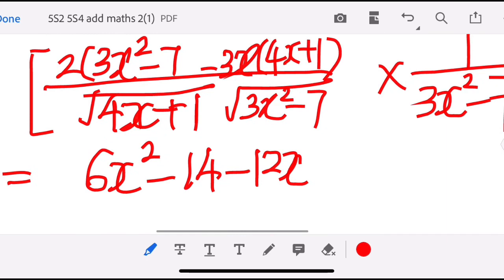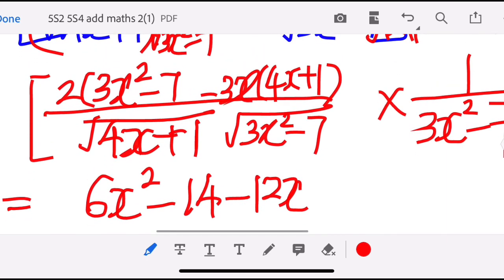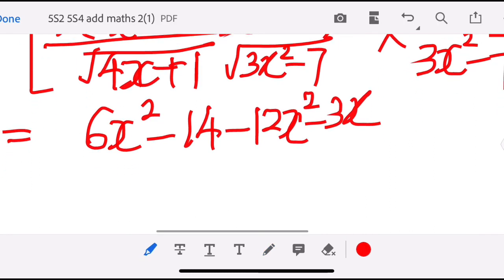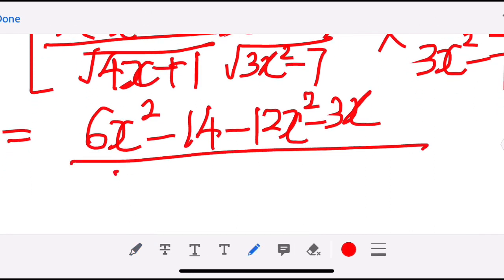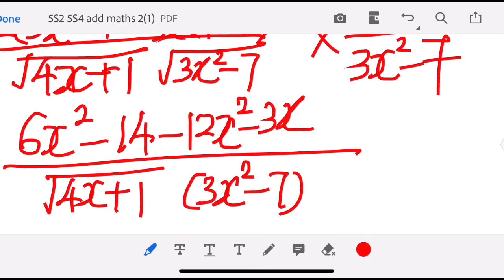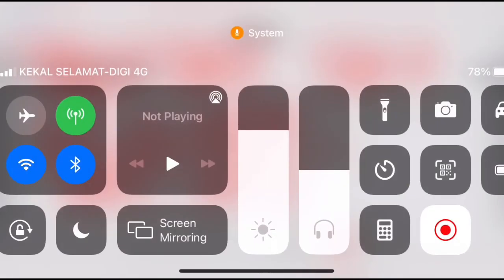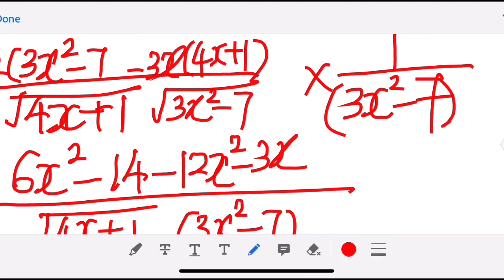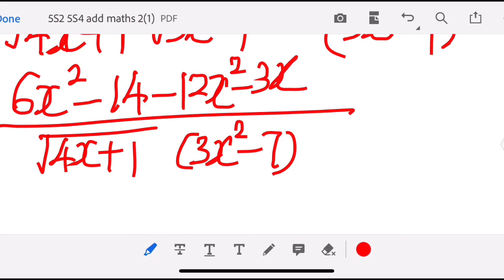So now we have 12x squared minus 3x. The denominator has the square root of 4x plus 1, and 3x squared minus 7 to the power half, and 1. So this is 1, this is 1 and a half, so it's 3 over 2.